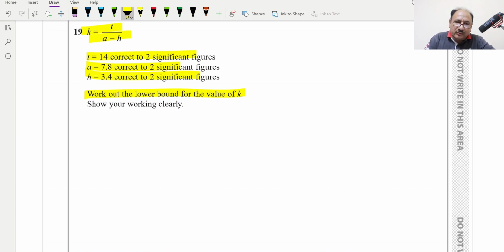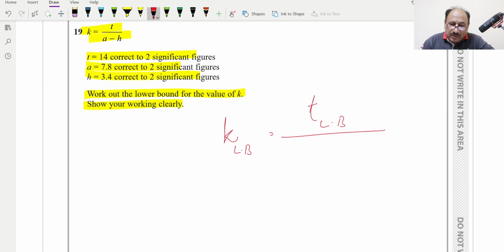Work out the lower bound. For the lower bound, what is required? If we need k as a lower bound, we need the upper bound of t and the lower bound of t; we need the minimum as numerator and the maximum as denominator.